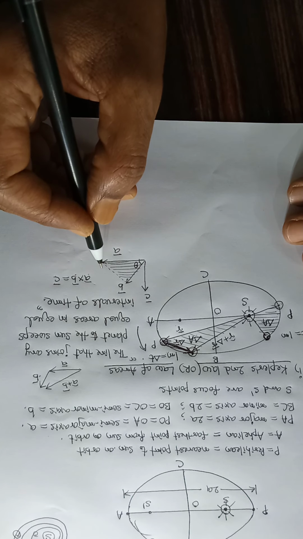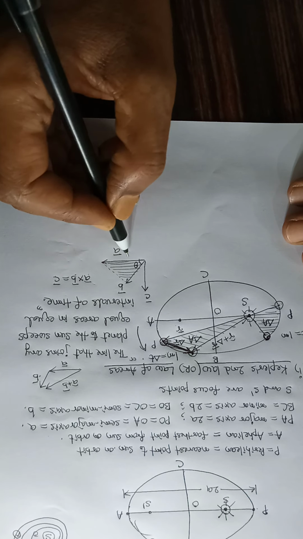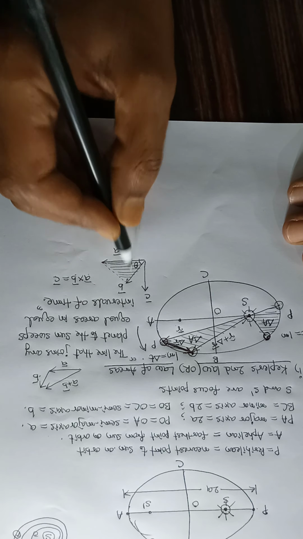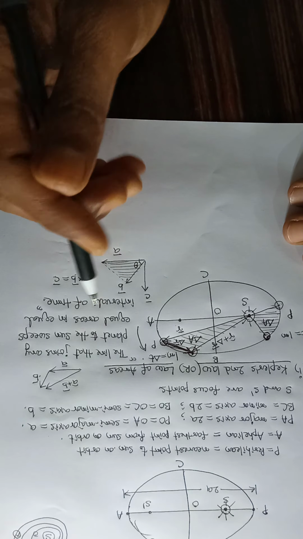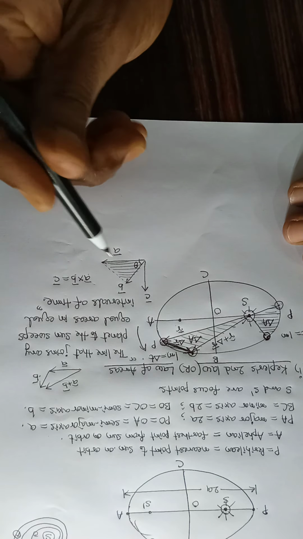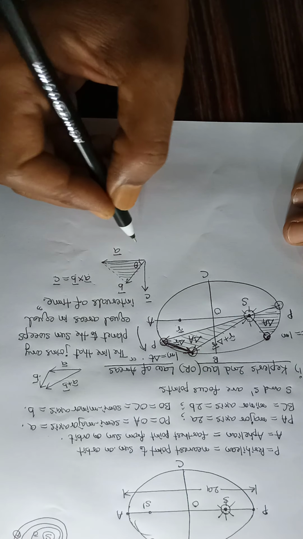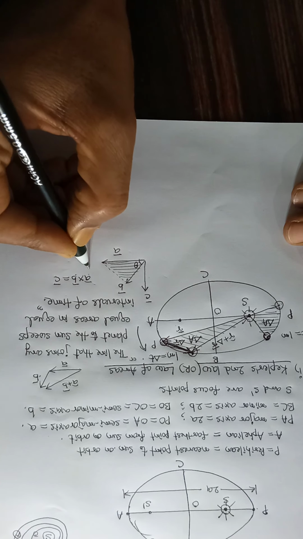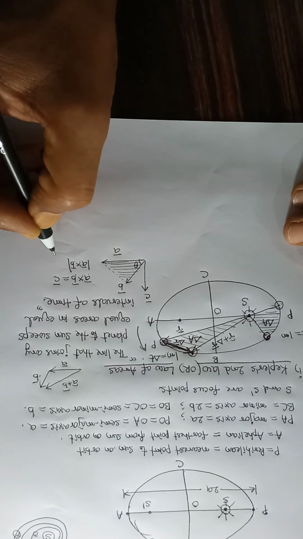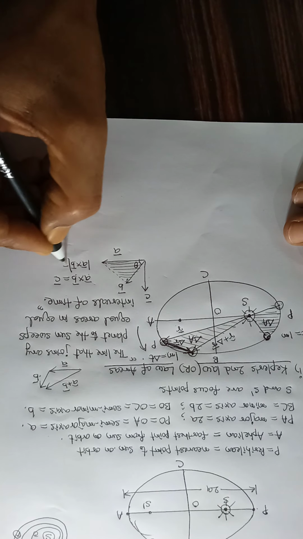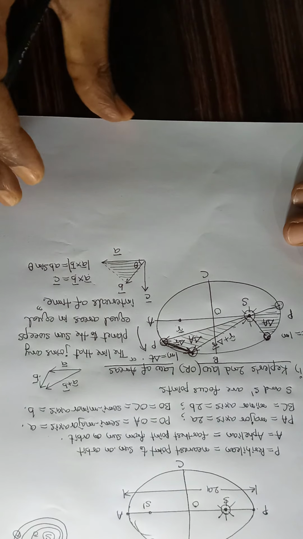You imagine a screw moved from A to B. A to B means in anti-clockwise direction. If you rotate the screw anti-clockwise, it comes up. That's why C vector is shown like this. Now, magnitude. Magnitude of A cross B is given by AB sin theta.